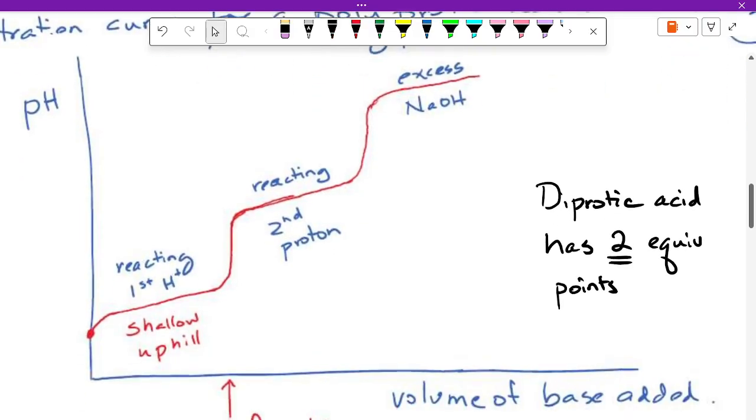During this first section, we are reacting the first hydrogen because the first hydrogen comes off the most easily, yes? So the second hydrogens won't come off until all of the first hydrogens are gone, okay?